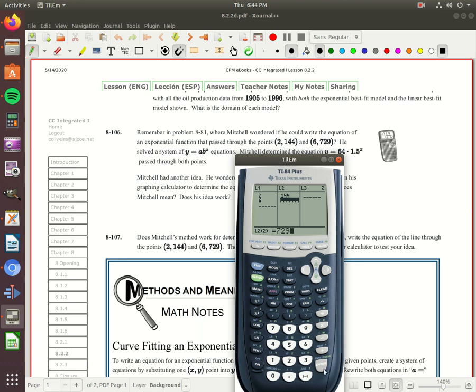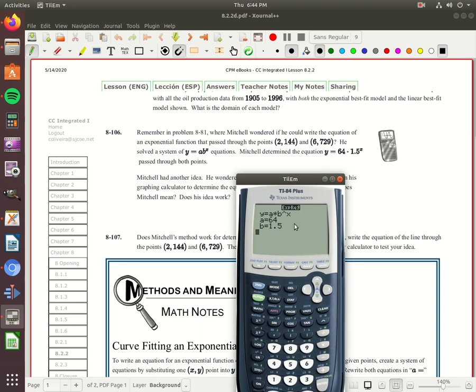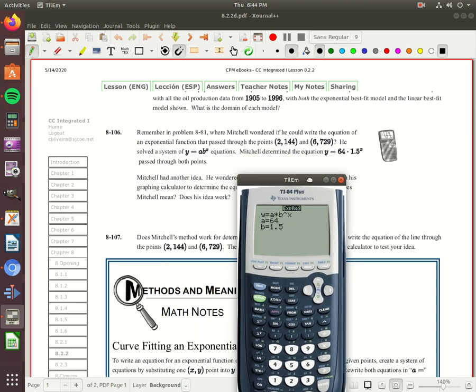And what they're saying is, hey, look, I'm going to run this as a curve. I'm going to go stat, calc, exponential. All I need is 2 points, and I can draw a curve through those 2 points. And it will give me the equation, 64 times 1.5 to the x. So pretty simple if we have one of these calculators to get that equation.